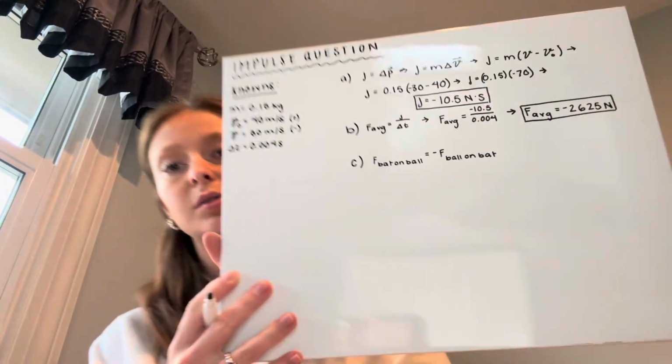So we know that through Newton's third law, the force of the bat on the ball equals negative the force of the ball on the bat. It looked like that.